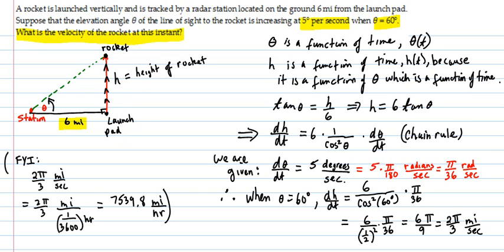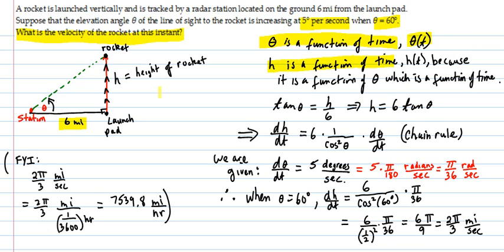Okay, so come over to here and we say theta is a function of time, so it's theta of t, because as time goes on, the angle of sight to the rocket gets larger, so it's changing with time. H is also a function of time.